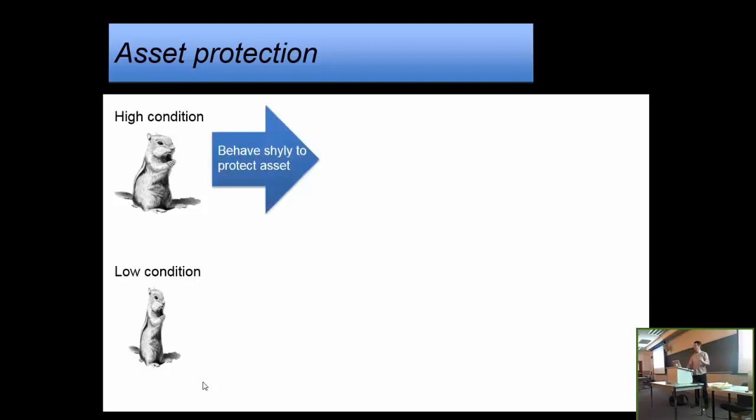And because that squirrel on the top has a lot of nutritional reserves, it's hypothesized that they would behave shyly to protect that asset, whereas the individual in low condition wouldn't have an asset to protect and so would not behave as shyly, and if it's avoiding starvation, would behave boldly to try to obtain an asset.